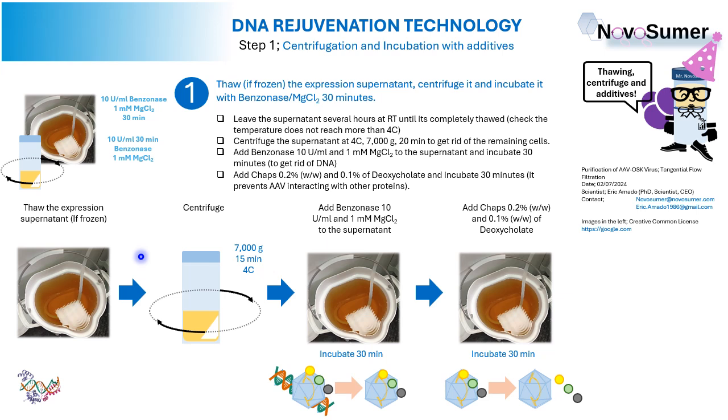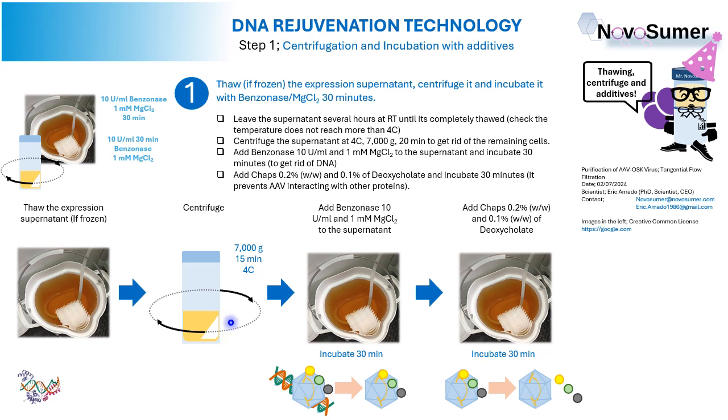Afterwards, what are we going to do? We centrifuge the sample in a centrifuge device at 7,000 g for 15 minutes at 4 degrees Celsius. By centrifuging the sample, what we are doing is getting rid of some cells. There will not be many cells, to be honest.